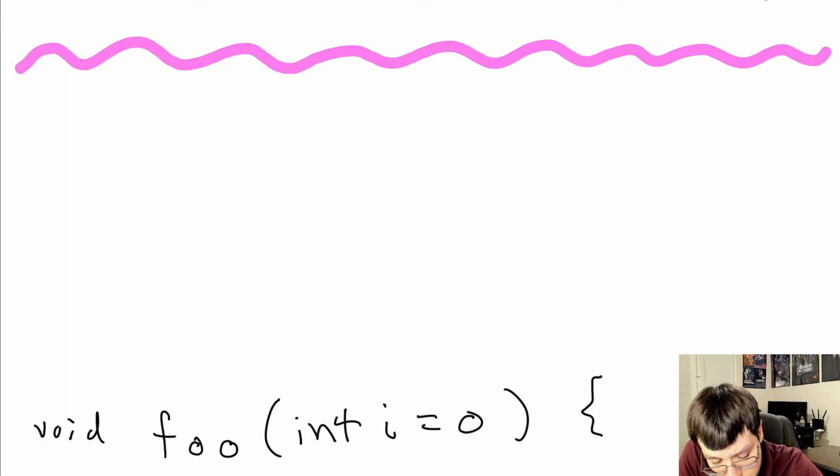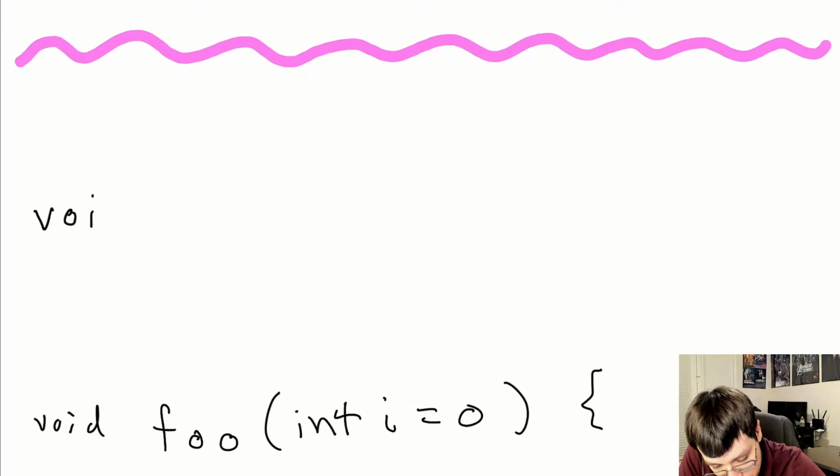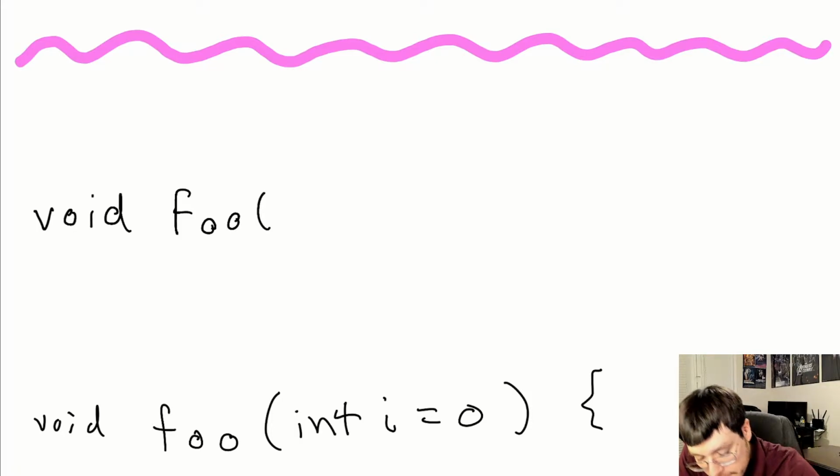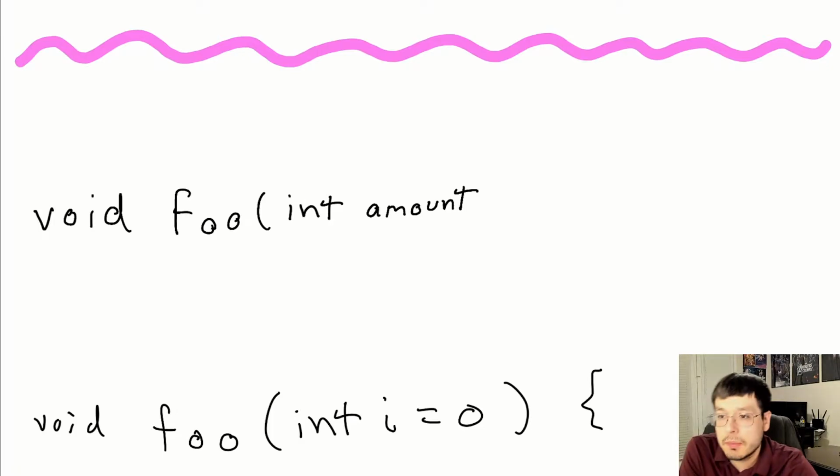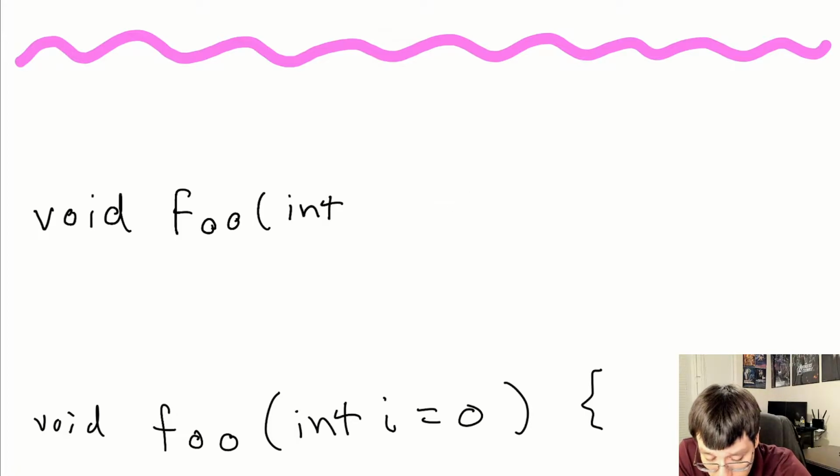So I'm going to rewrite the word void because it's not as clean. There we go. And I'm going to have the first parameter be the amount of times that I want it to print out. So it's going to be an integer. And I'm going to call that amount, or maybe r for repeats, just so I don't have to write amount every single time I refer to the variable.